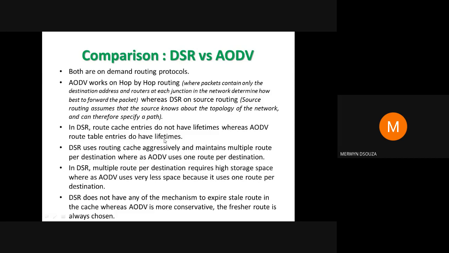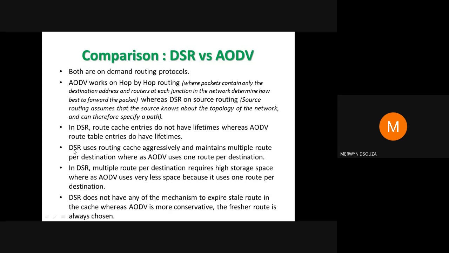There is a lifetime associated with each entry. In DSR, the entries may not be deleted unless that node is no longer existing, as I have mentioned, for example if it has moved away from the network. If it gets a route error message, then the route may get deleted. Otherwise the route remains in the table. In AODV, that need not be the case.